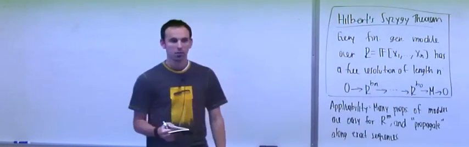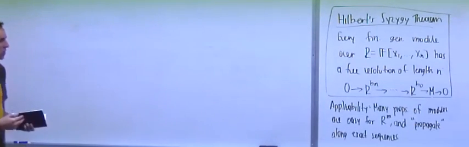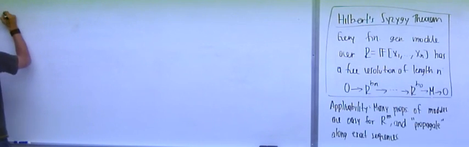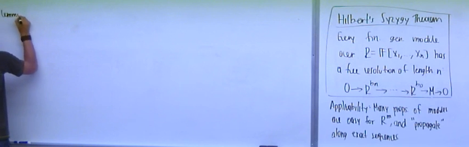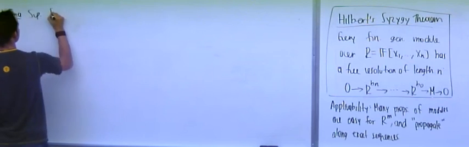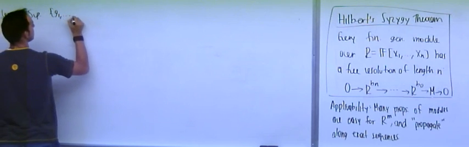Okay? And so that's actually what I'm going to do, is not only prove existence, but actually tell you how to do this. Okay? And here's a lemma that we're going to need. So suppose that we have a Gröbner basis.